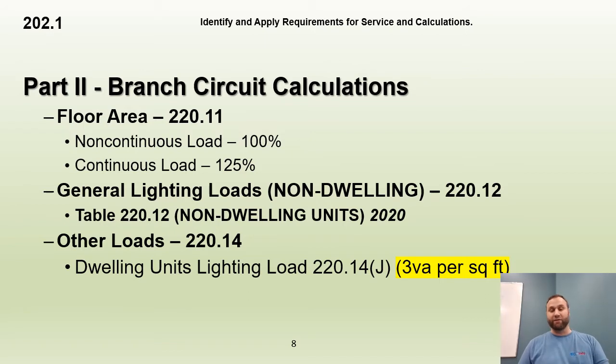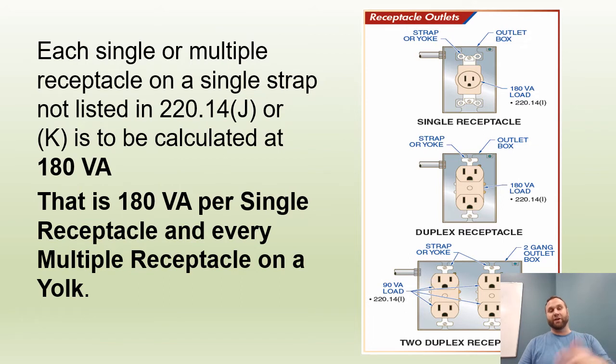I take my square footage, multiply it by 3 volt-amps per square foot, and end up with my total floor area or my general lighting load volt-amps. Now there's a permission later that we'll get into where we can apply our small appliance load and our laundry load when it comes to the demand, but we'll get into that here in a minute.